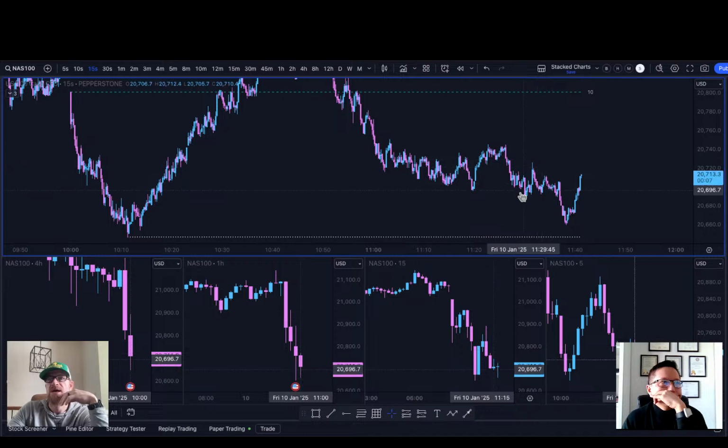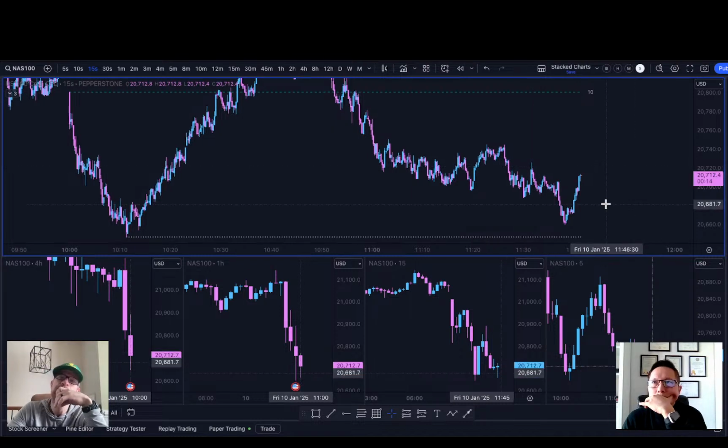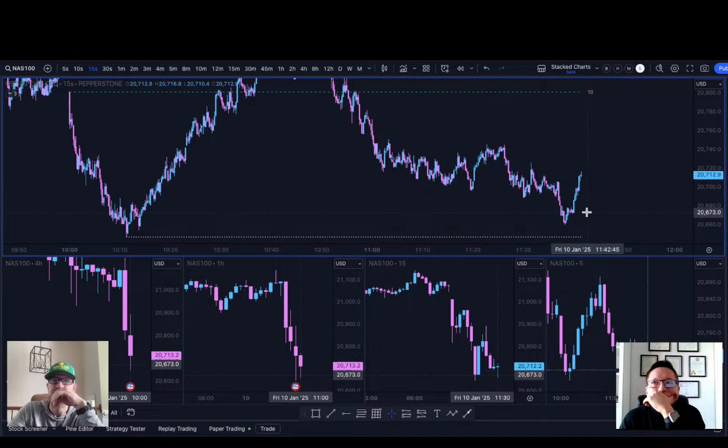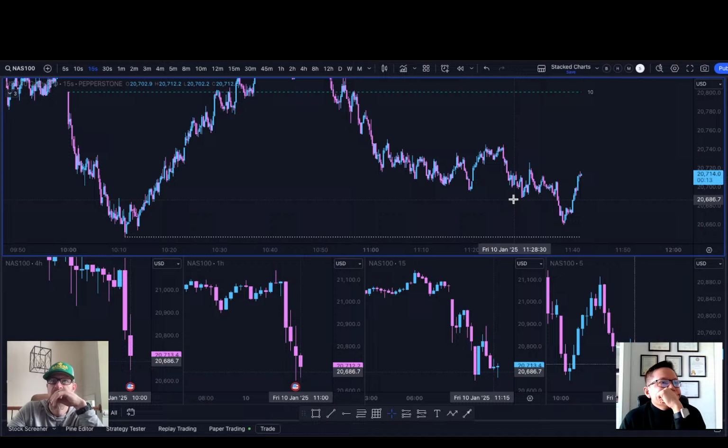So this is the strong high because this was the pullback, swept inducement into the order block, made the new low. So if we break this, this is structure. This is inducement, structure. And then if we take structure, we'll come back in here. There's a breaker plus fair value gap. Yeah, because this buy to sell broke.